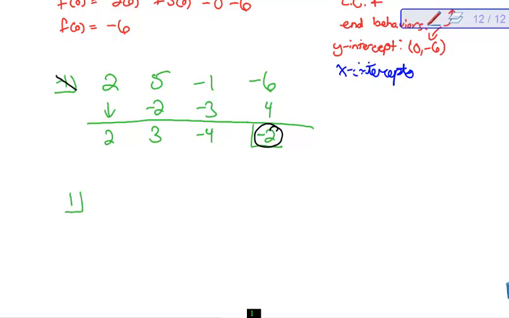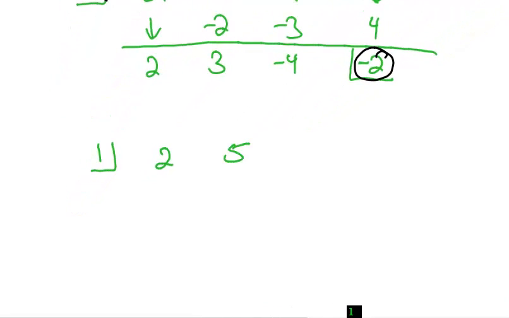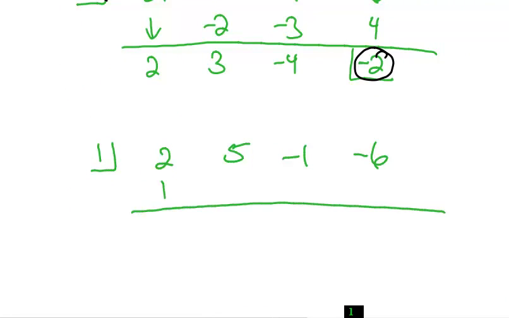So let's try a positive 1. 5, negative 1, negative 6. So I bring the 2 straight down. 2 times 1 is 2. 5 plus 2 is 7. 7 times 1 is 7. Negative 1 plus 7 is 6. 6 times 1 is 6. Okay, so this one gave me a 0.